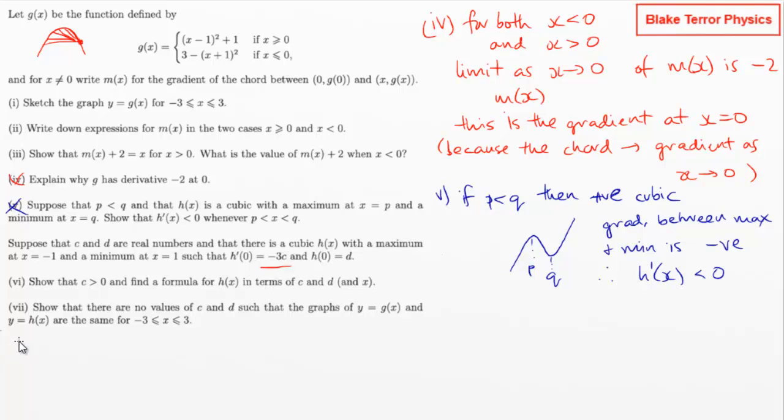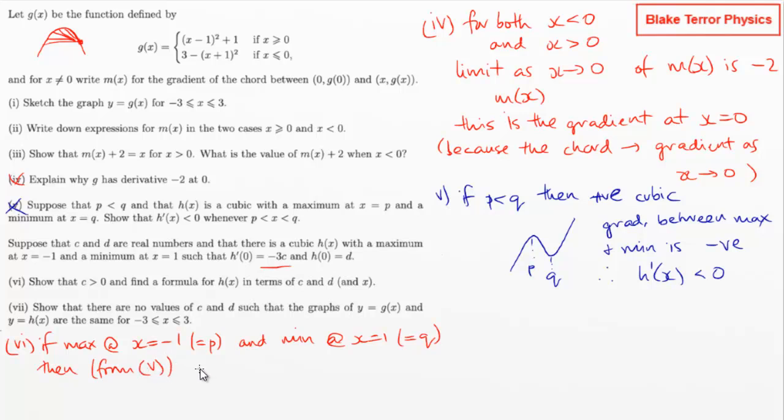So we know that, how are we going to put this? So if maximum at x equals minus 1, you could put in brackets, I suppose, equals p, and min at x equals 1, which we can say is equal to q, then this is from part, what was the previous 5?